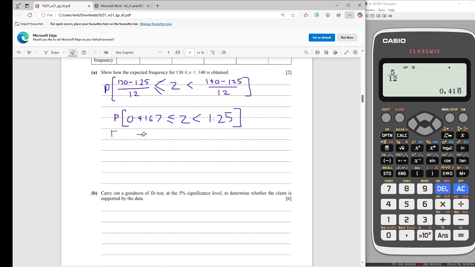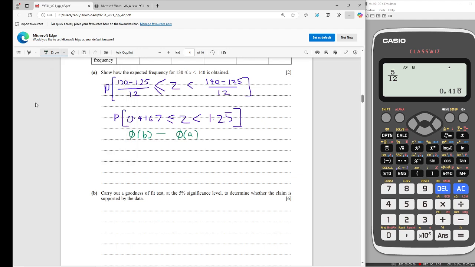But now if you want to find for the normal distribution kind of thing, it's simply going to be using the same analogy. Phi of, wait, no, that's not phi. Yeah, it's going to be this. It's going to be the phi of b minus phi of a. Okay, so that means phi of 1.25 minus phi of 0.467.